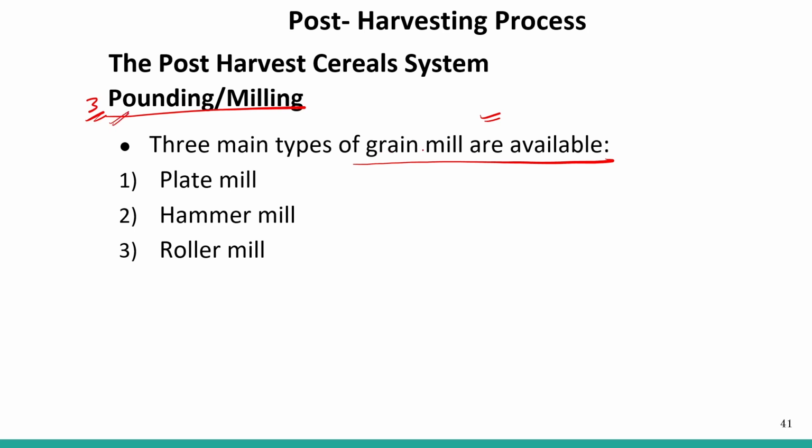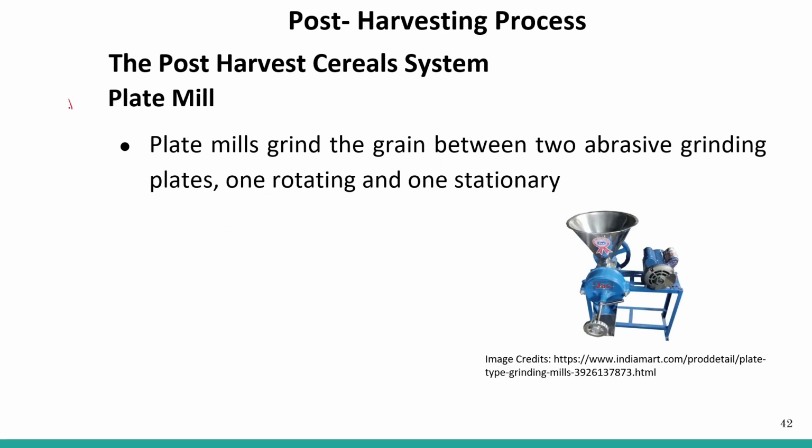There are three main types of grain mills available: plate mill, hammer mill and roller mill. Let us see what they do. The first one is the plate mill. The plate mill grinds the grain between two abrasive grinding plates.